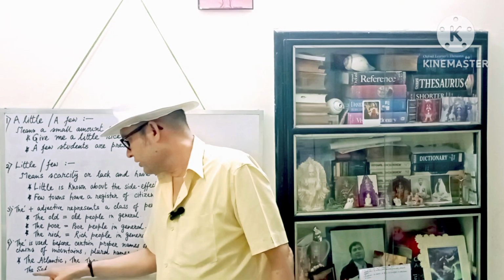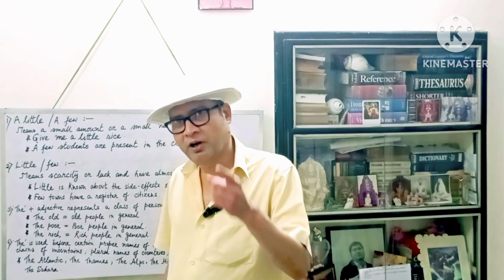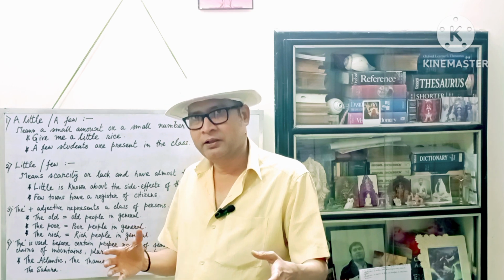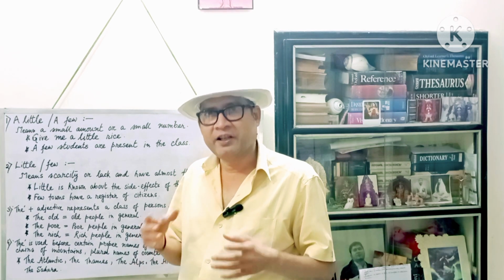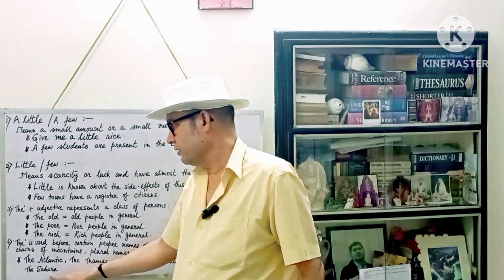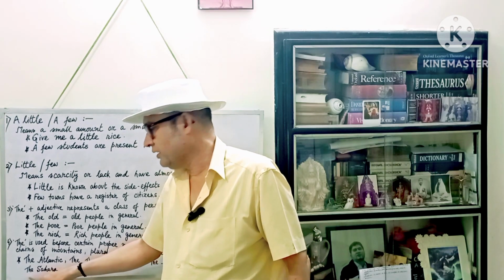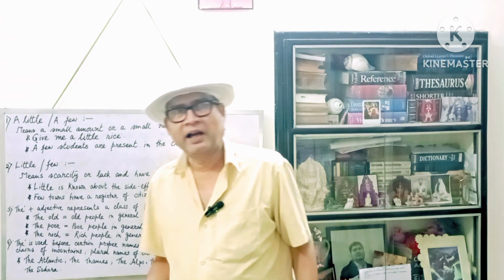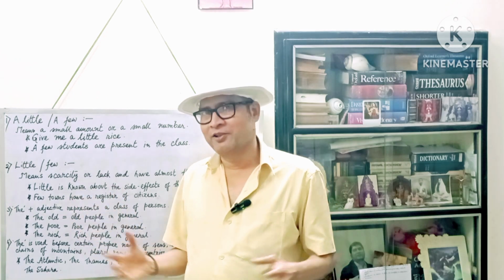Okay? Here, the Sahara. You remember, I have just told you that before the name of a desert, you have to use the definite article. So here it is the name of a desert, Sahara. So before that, the is used. The Sahara. All right.